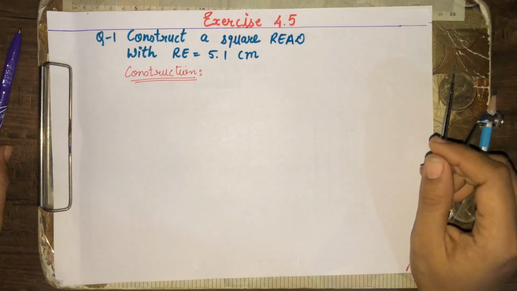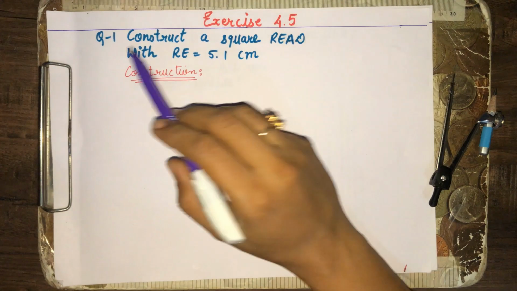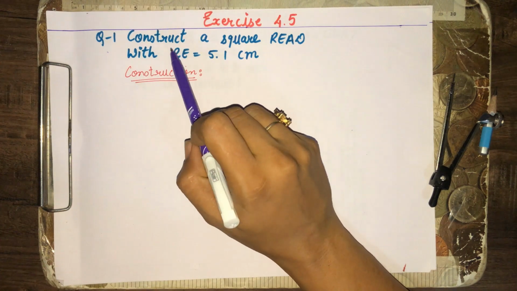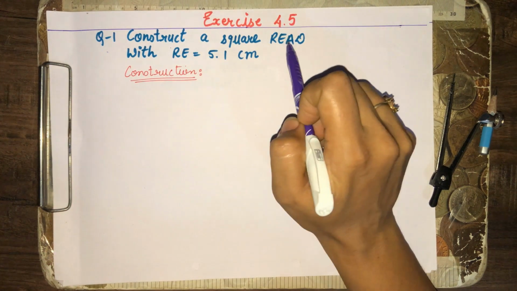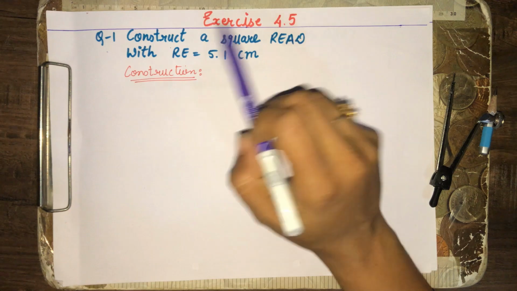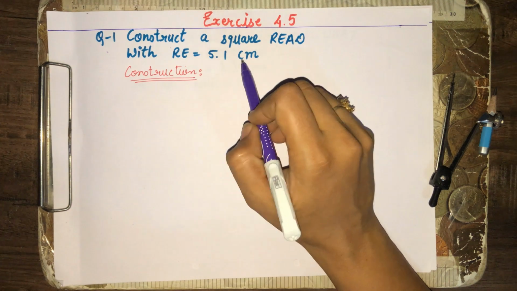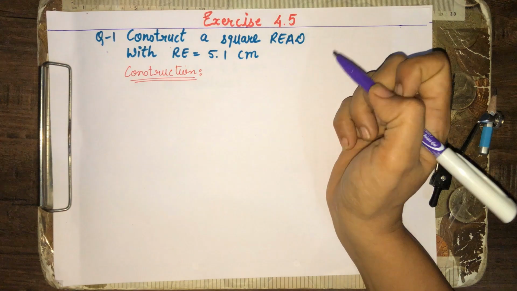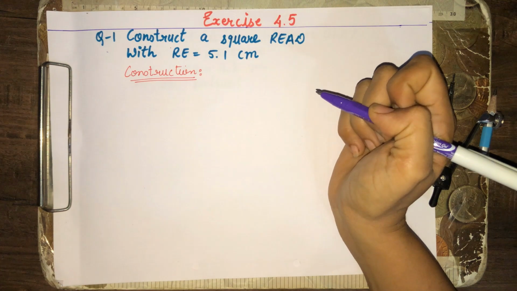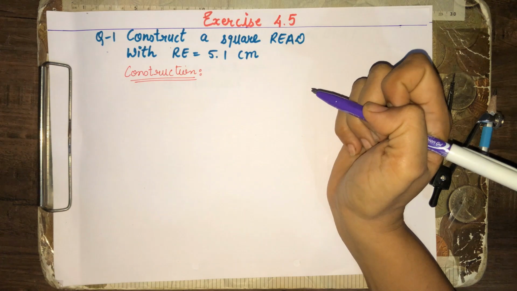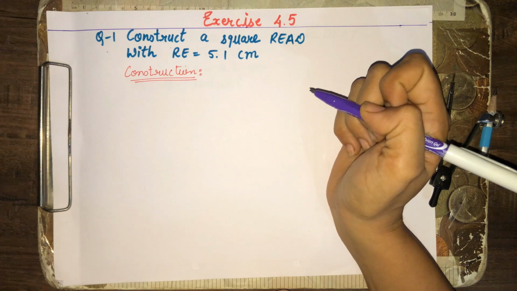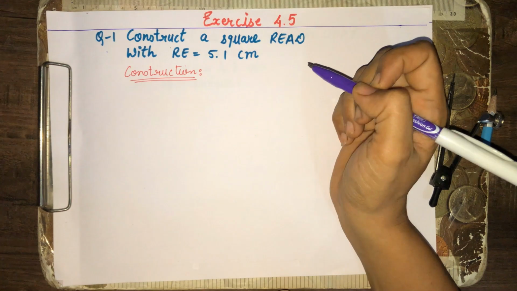Exercise 4.5, Question 1. Construct a square READ with RE equal to 5.1 centimeter. So students, here we are given only one measurement, that is the side of a square, which is 5.1 centimeter.